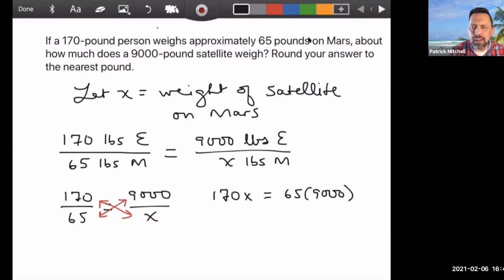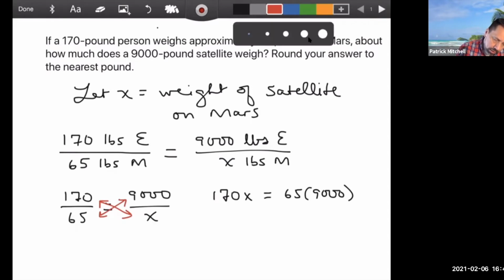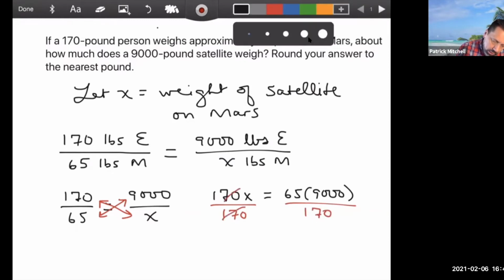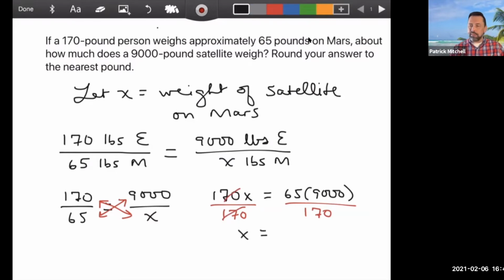And I'm not going to bother figuring out what is 65 times 9,000 because what we really want to know is what is the value of x. So we're going to divide both sides by 170. So what I really want to know is what is 65 times 9,000 divided by 170.